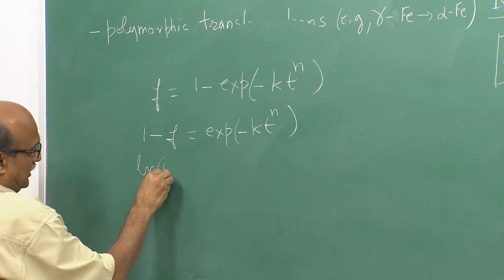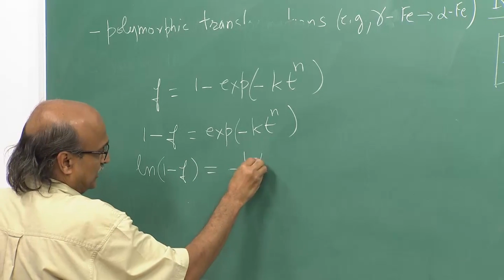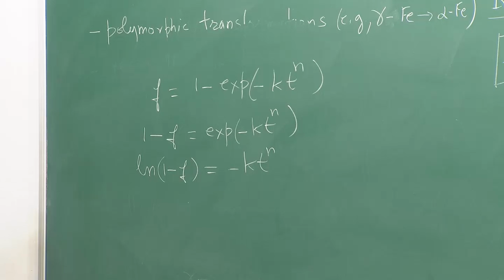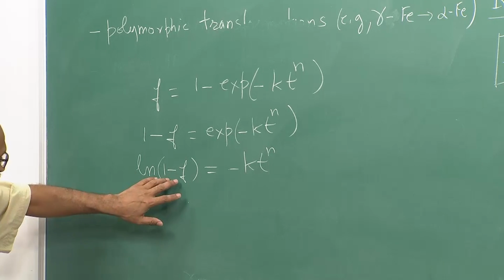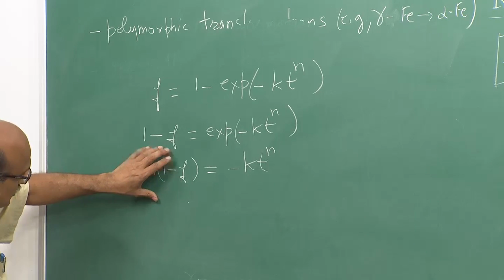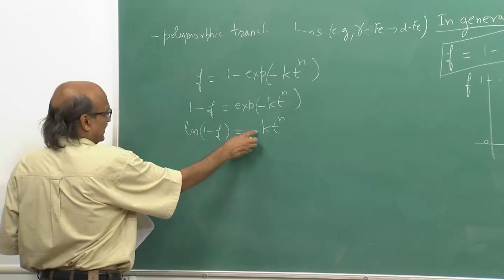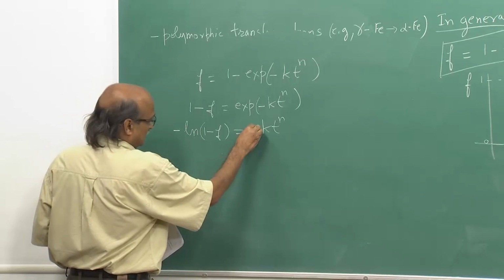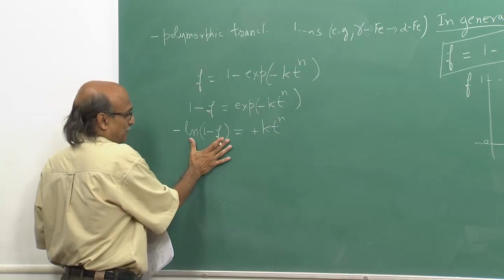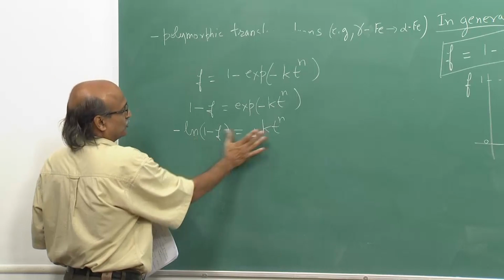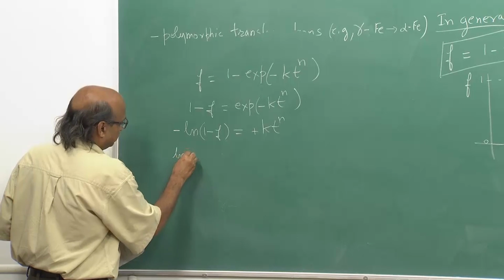So, I will have natural log of 1 minus f equals minus k t to the power n. Now, f is of course a fraction less than 1. So, 1 minus f would be less than 1. So, natural log of 1 minus f will be a negative number. So, what I do is I take this minus sign here and make this plus here. So, now what I have is positive values on both sides of this relationship. So, I can take logs again.